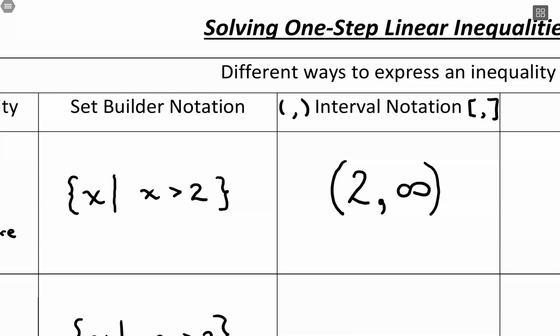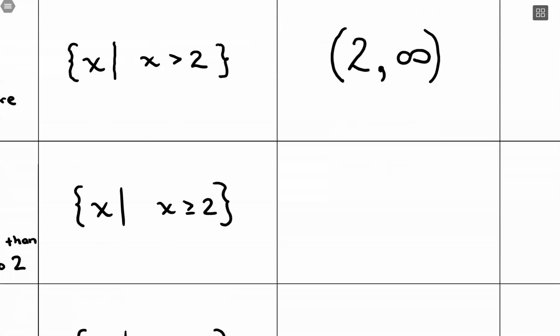So with that, we always use parentheses with infinity. With x more than or equal to 2, it's going to be the same idea of 2 and infinity, and we'd use our parentheses with infinity every single time. But now because we can equal 2, I'm going to use a square bracket to show that 2 is the smallest number and it can equal 2.